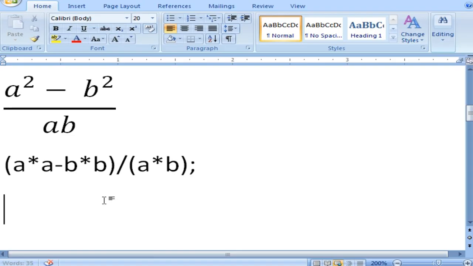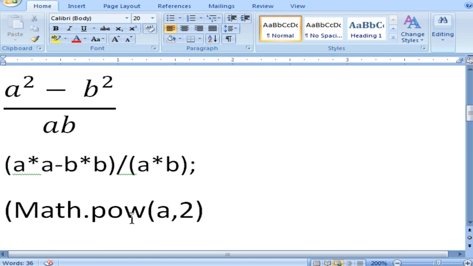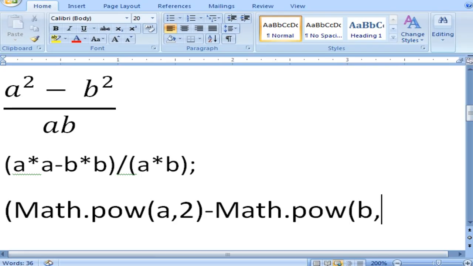The same way you can use the mathematical function: Math.pow a comma 2. Here the whole expression should be within the parentheses. So open parenthesis and then minus again Math.pow b comma 2.